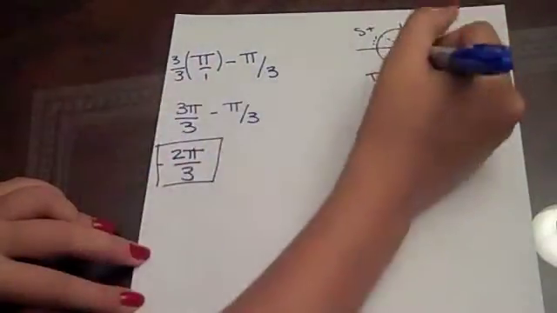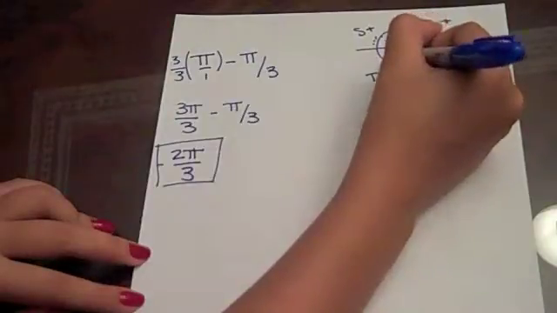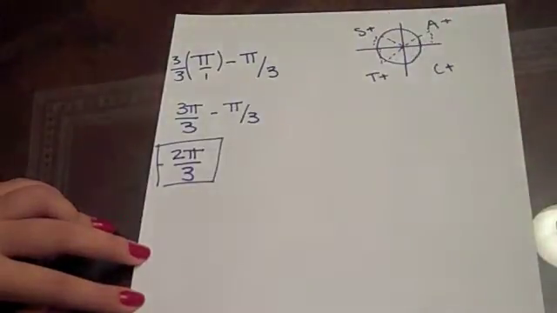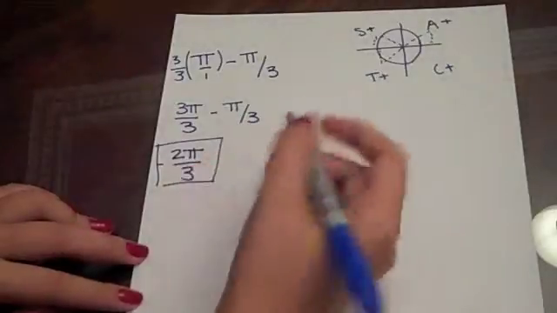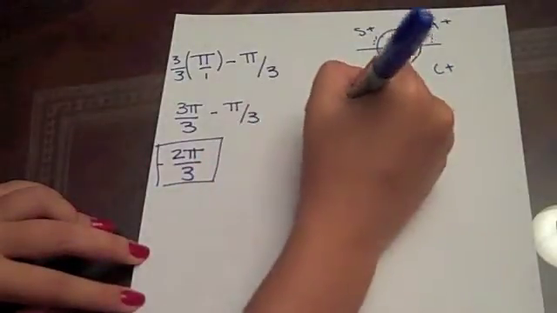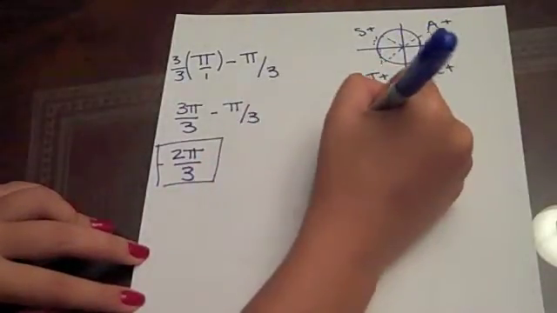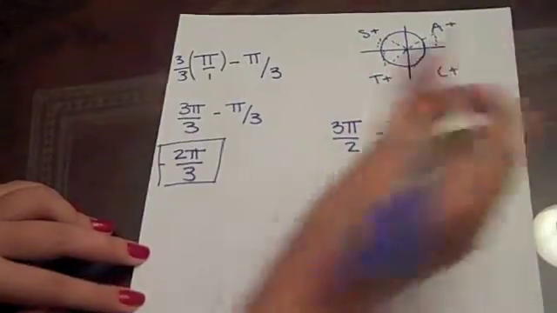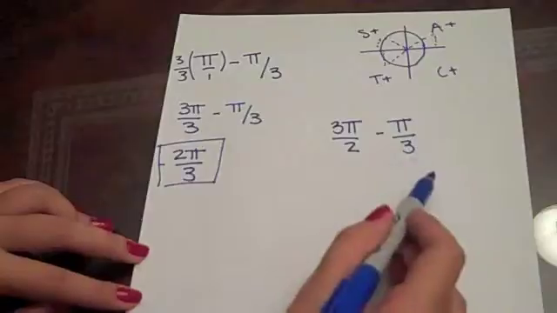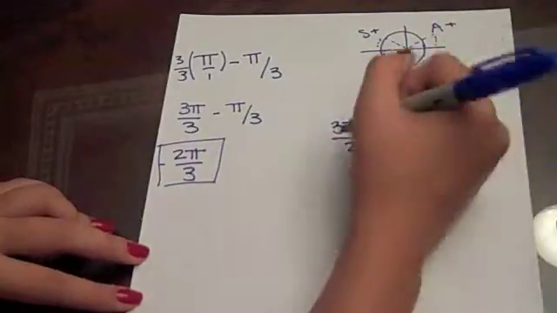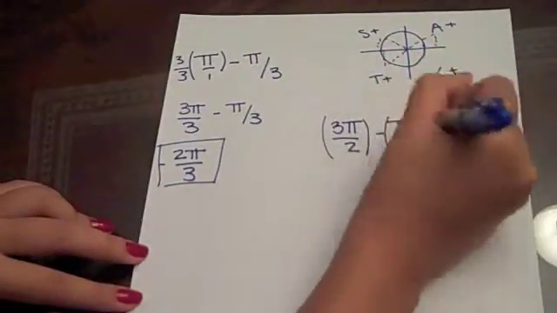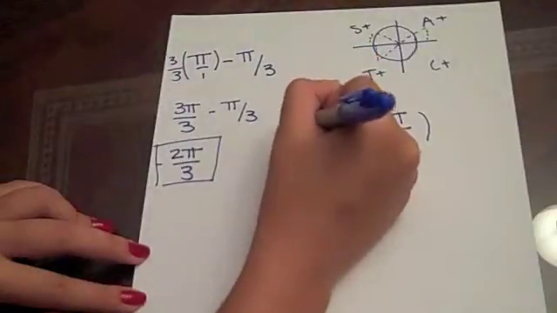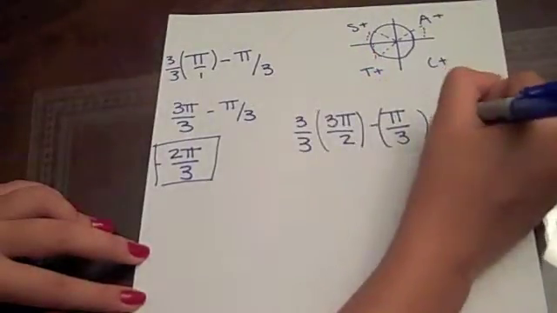In order to find this angle right here, we must do 3 pi over 2 minus pi over 3. Since the denominators are not the same, we must change them. We multiply this side by 3 over 3 and this side by 2 over 2.